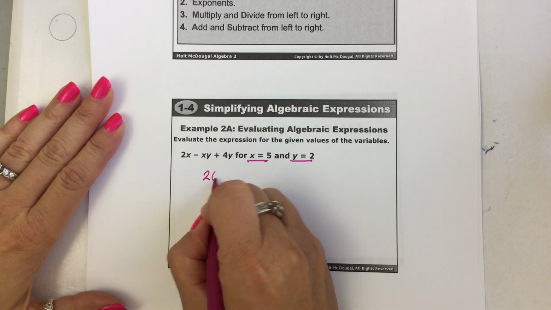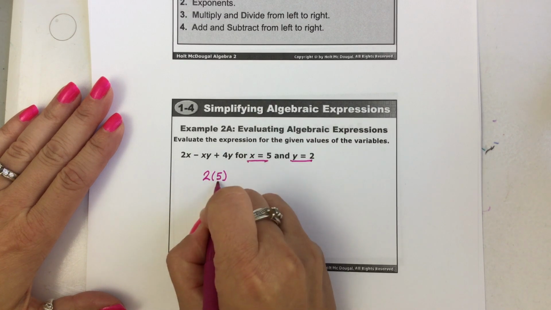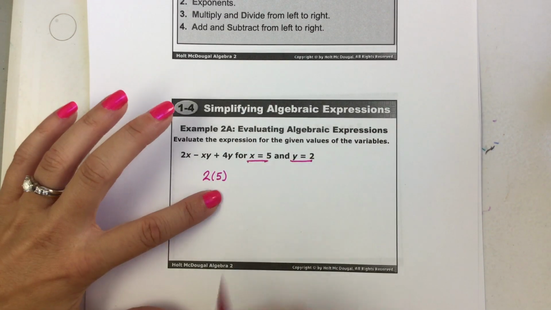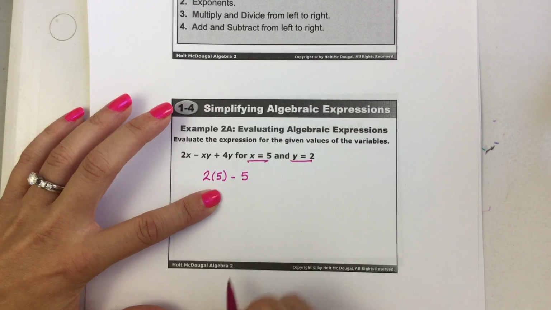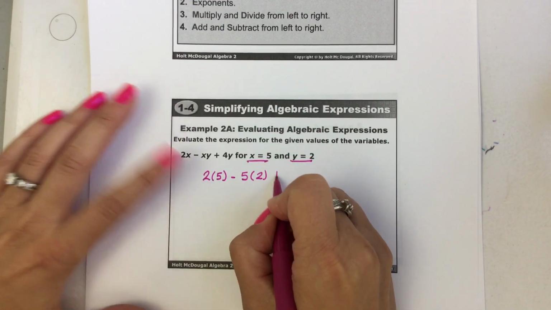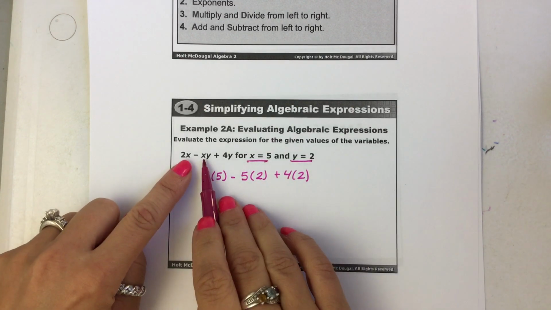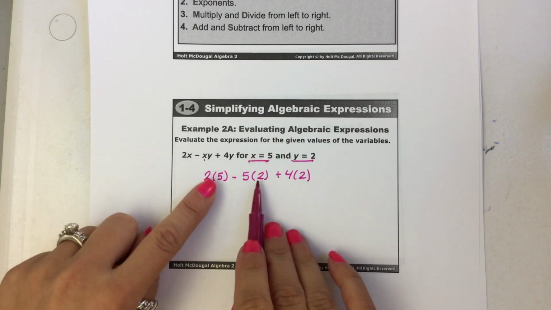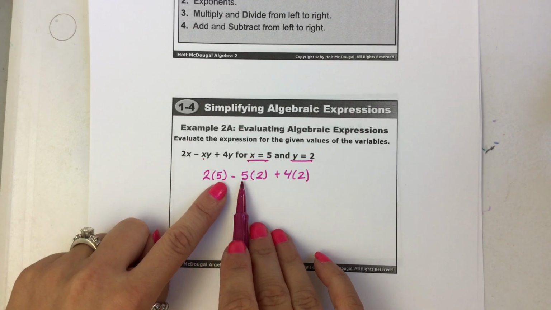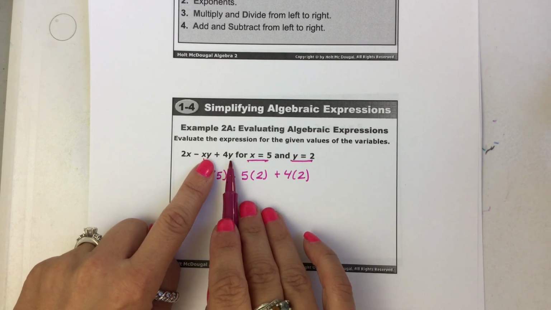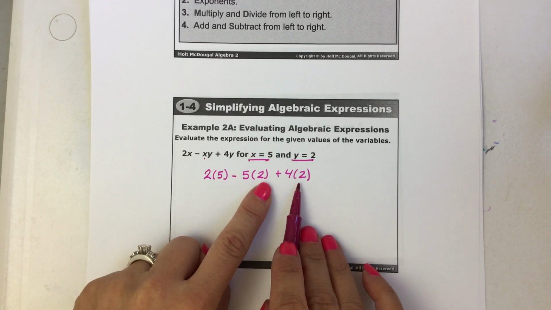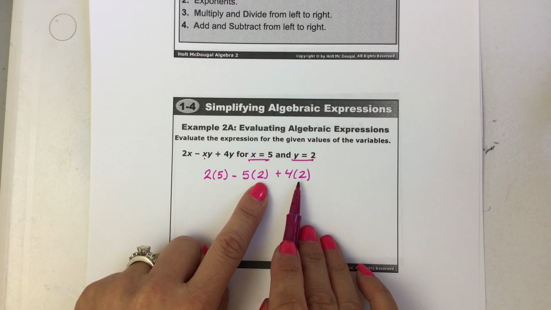So if I have 2 times x, which is really a 5, minus x, which is a 5, times y, that's a 2, plus 4 times y. So notice I had 2 x's in the problem, x is a 5, I replaced both of those x's with that value. My y is a 2, so I have 2 locations where I had to change y to a 2.